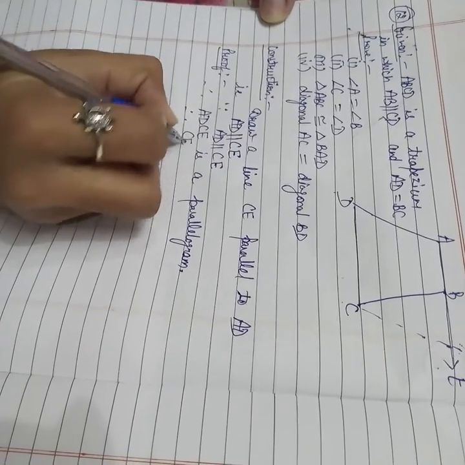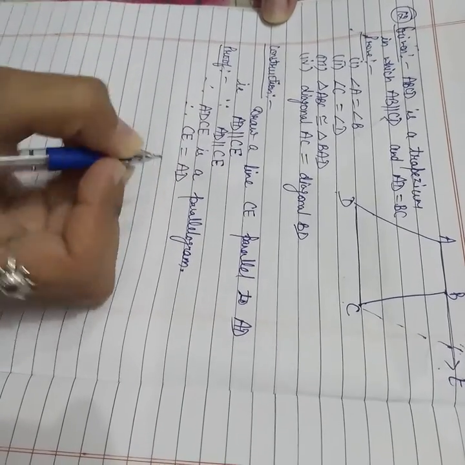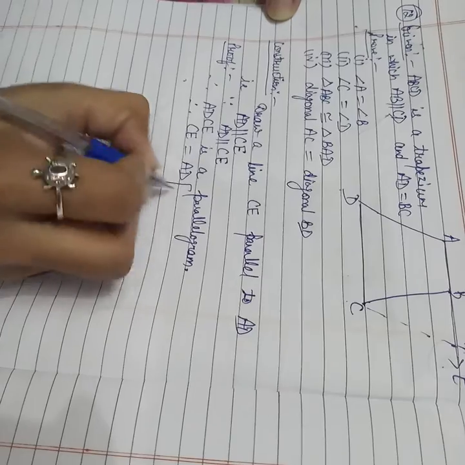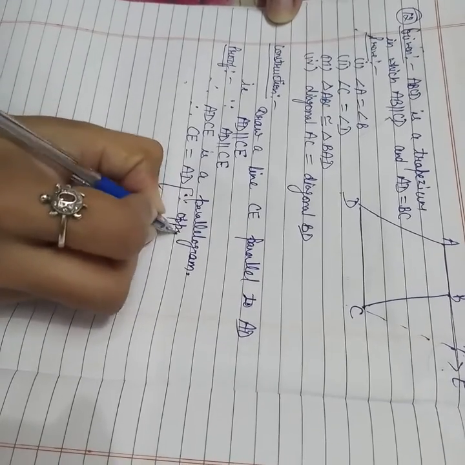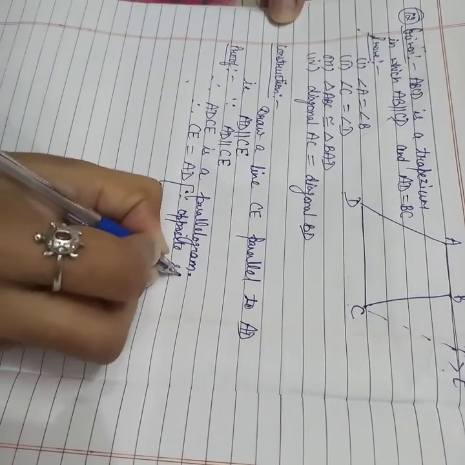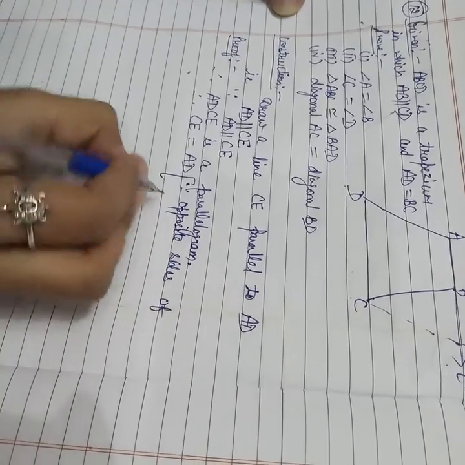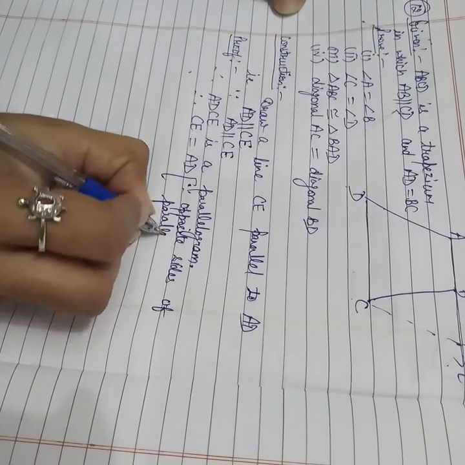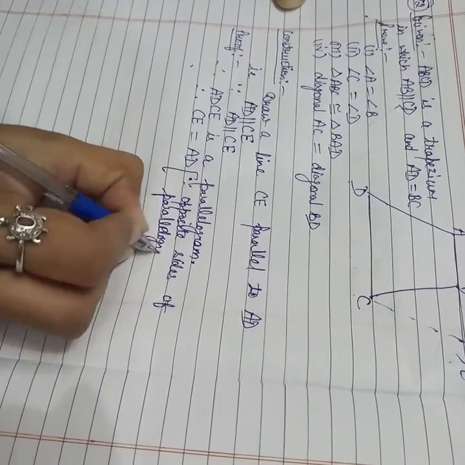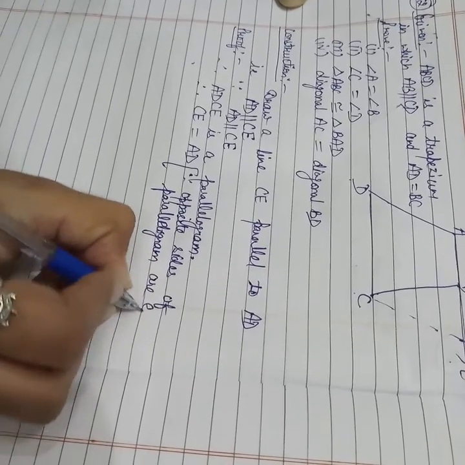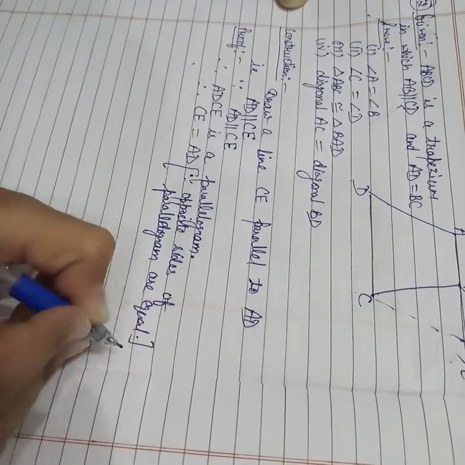Therefore CE equals AD, because opposite sides of a parallelogram are equal.